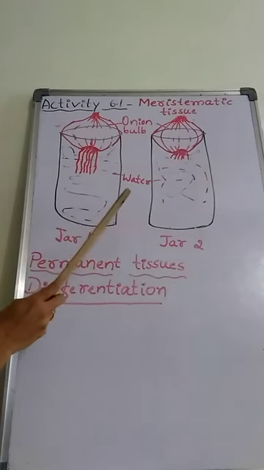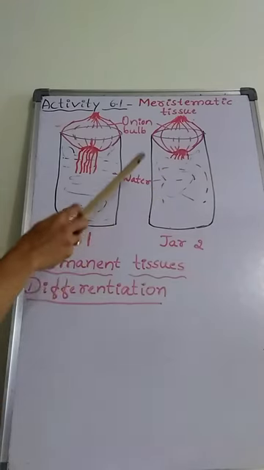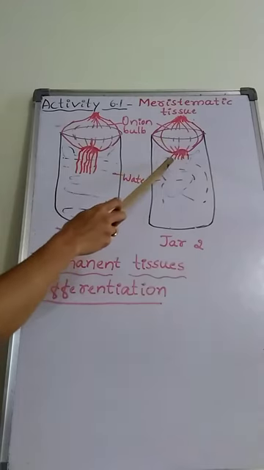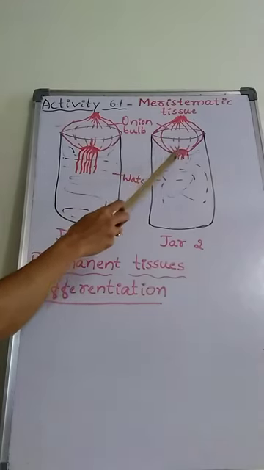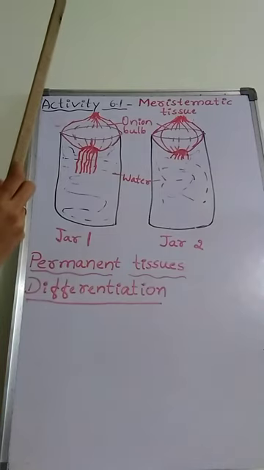This is because from the second jar we have removed about 1 centimeter of the root tip.